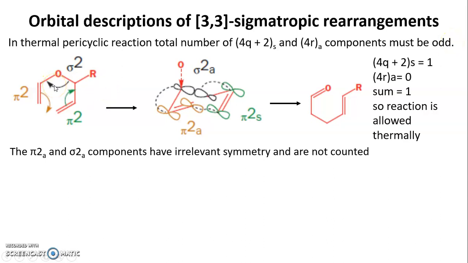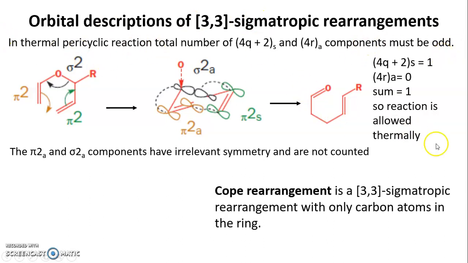So here, the alkene is giving you suprafacial one. There is no diene, so the total sum is odd. So 3,3 sigmatropic rearrangement with an odd number is allowed thermally.